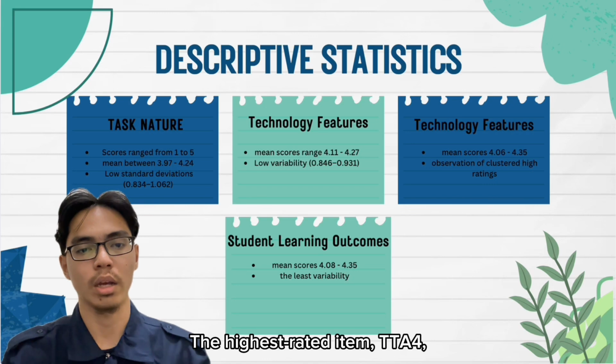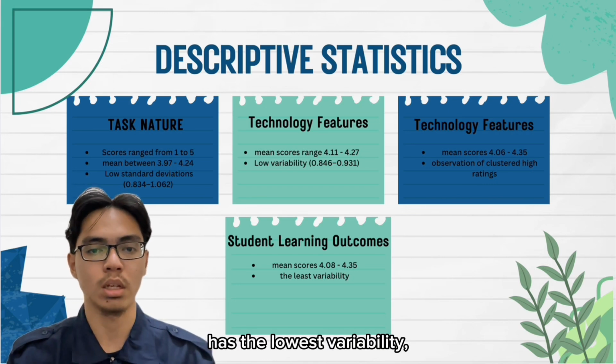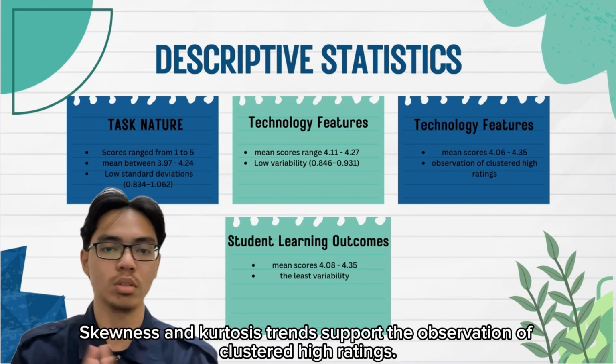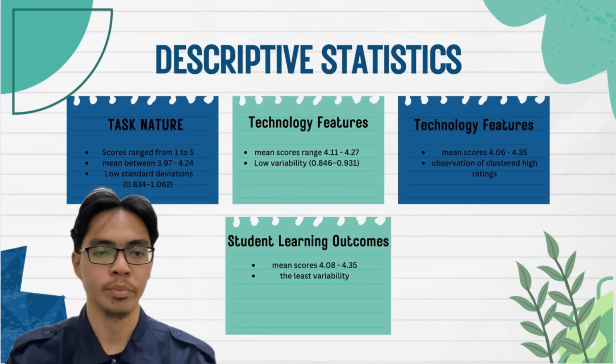The highest rated item is TTA4, which has the lowest variability, indicating consistent ratings. Skewness and kurtosis trends support the observation of clustering at higher ratings.